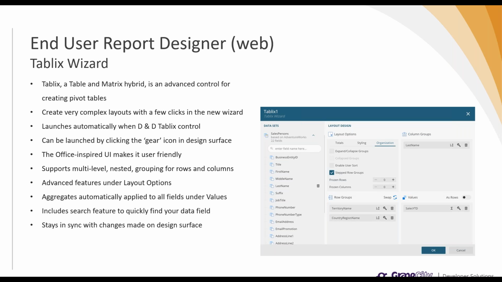We'll show this as we continue the demo portion of this webinar later on. It supports drag and drop, so you can drag fields from the dataset panel on the left to the column, group and values sections.